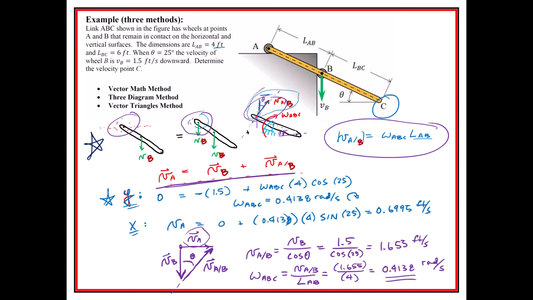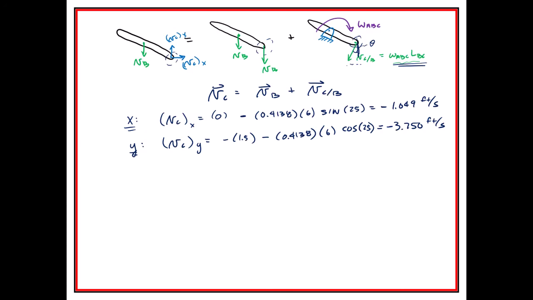Now, that's the velocity triangle for that part of it. The velocity triangle for here is a little bit more complicated. Once again, we're reusing this diagram up above. We find the velocity of C, knowing the velocity of B right here, and we do know what the velocity of C with respect to B is going to be. We could find the velocity of C with respect to B is just going to be omega ABC times LBC.